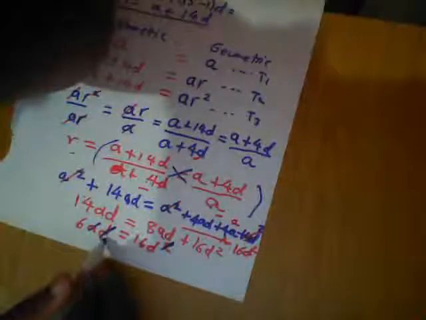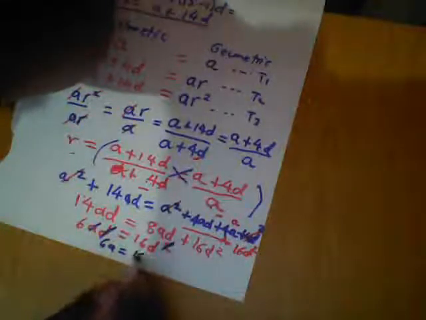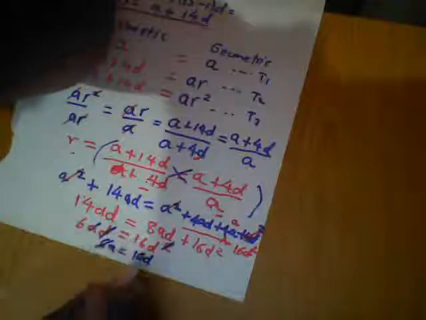Let's simplify now. d and d cancel, so we're left with 6a equal to 16d. Simplify, and finally it gives 3a equal to 8d, and we have proved it.